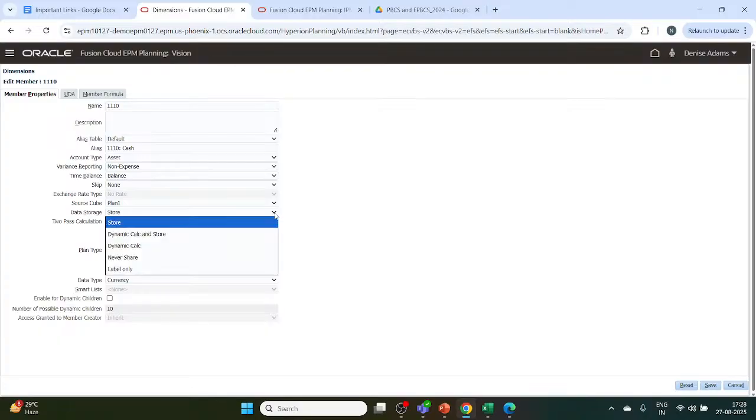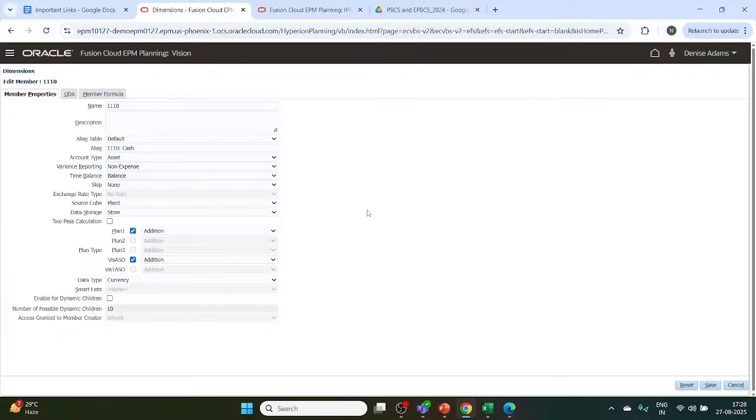Here our data storage property: store, dynamic calc, never share, label only. The use of the data storage property is how data is stored or calculated in the member of a dimension.